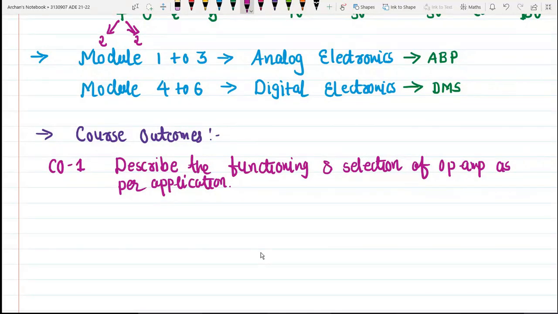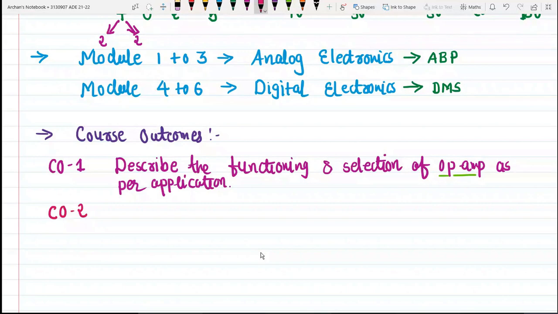Talking about analog electronics, we will find the operational amplifier, which is the heart of analog electronics. You will find it in every analog circuit. So you will be able to describe the functioning and selection of op-amp as per the desired application. What kind of op-amps are available and how to select one particular op-amp for a particular application will be decided by the designer, that is you.